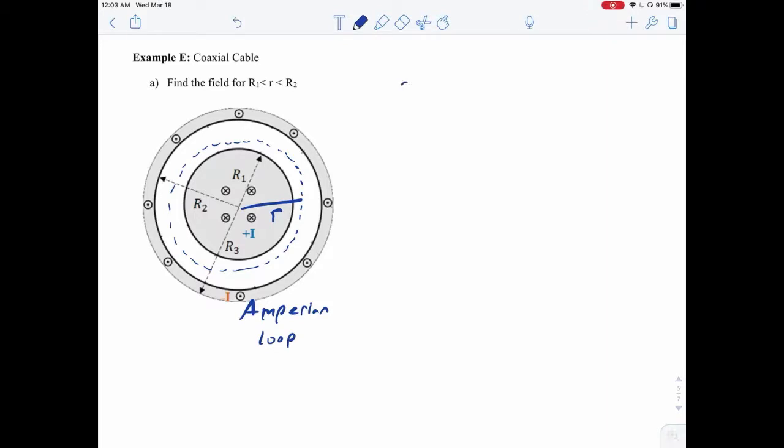And now we apply Ampere's law, and this is going to be pretty simple. And that's because, again, everywhere along this loop, wherever I go along the loop, the field's going to be constant. And then the current enclosed is just I, because we enclose all the current. The inner conductor has a current of I, so that's our current enclosed.